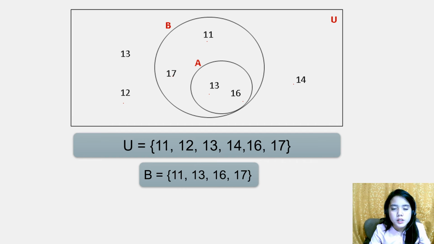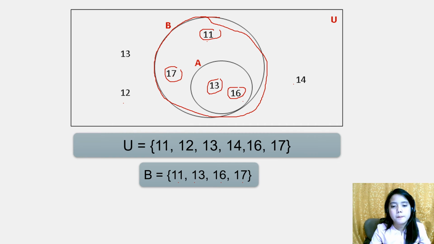Okay. Unsa kaya ang atuang set B? Okay. So, si set B daw, we have 11, 13, 16, 17. Nganong upat man kabuok ang elements ni B because daraman ang circle ni B, right? Okay, sa sulod sa circle B, we have 17, 11, 13, and 16. That is why maoto siya ang iyahang mga elements.